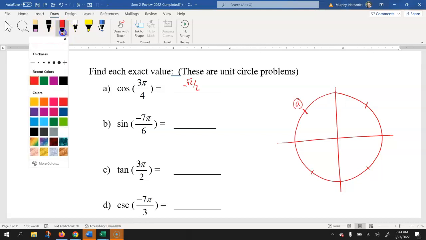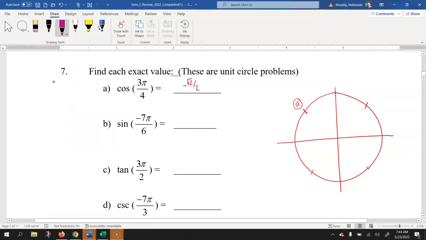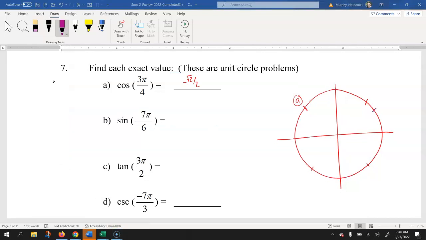All right, now let's think about if we change this unit circle to be in sixths. So we'll say this is 1/6, 2/6, which would be the same as 1/3. 3/6 would be the same as 1/2 here. Then we would have 4/6, 5/6, 6/6 would be here. Now we would have 7/6, but remember we're dealing with negative 7 pi over 6.